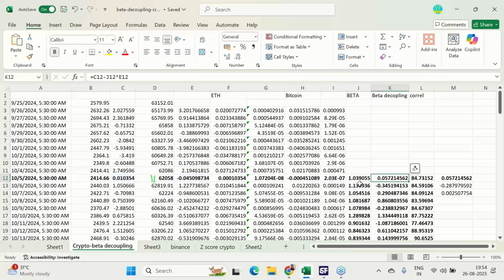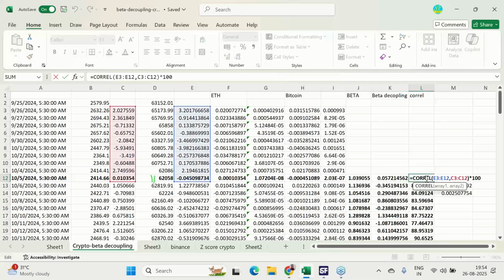We expected it to give a positive return, but this is only 0.01. We expected this to also close near 0.01, but it has not closed there. It has given a negative 0.04. So there is a decoupling of 0.05, that scale it has come. In the same period, what is the correlation?